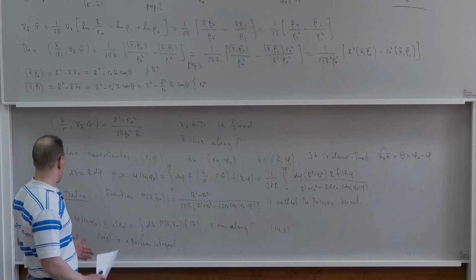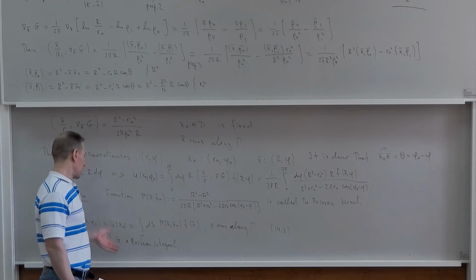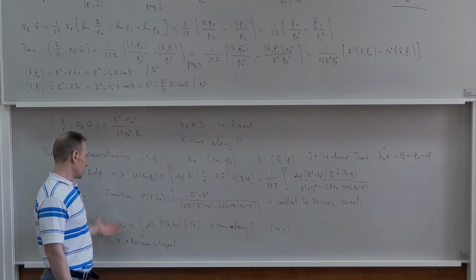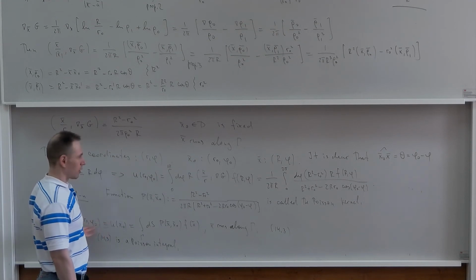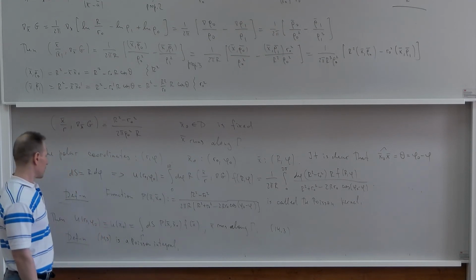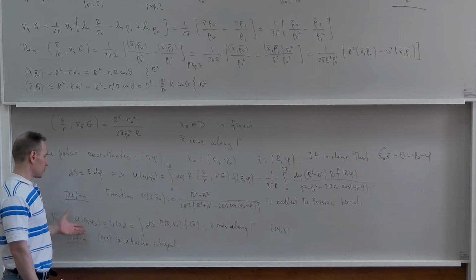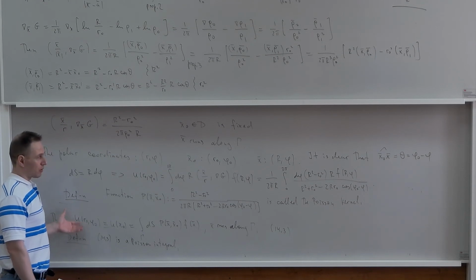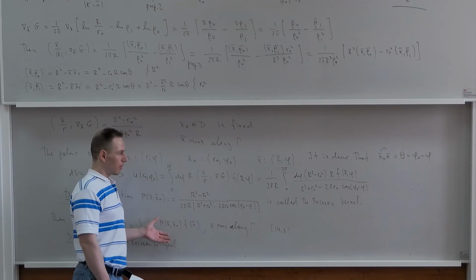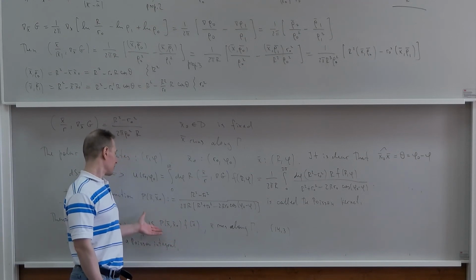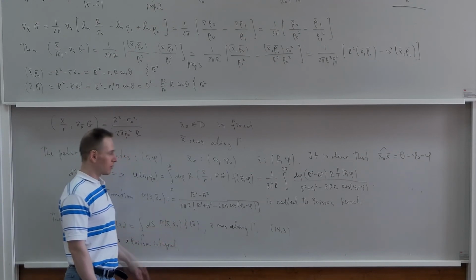Thus, we have found the integral representation for the solution of the Dirichlet problem in a disk, and we can find this solution at an arbitrary point with coordinates r0, phi0 with the help of this integral, just evaluating it.